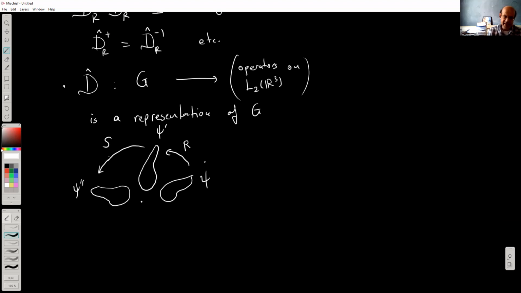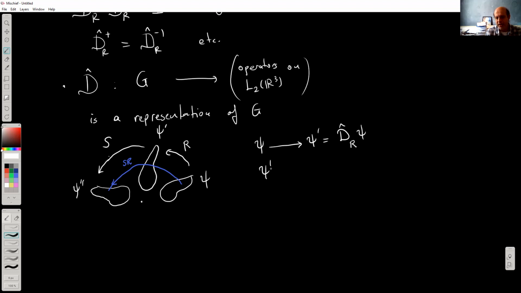In any case, as a result, the composite rotation is the blue one in here. This is the rotation by SR, basically. And I would like to see if my relationship is satisfied, all right? First, I pass from psi to psi prime by this rotation operator, D_R applied on psi.